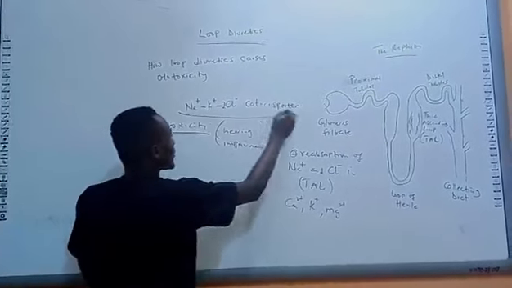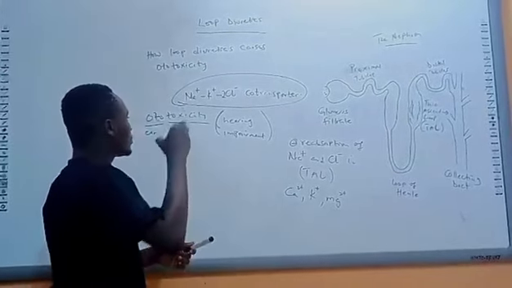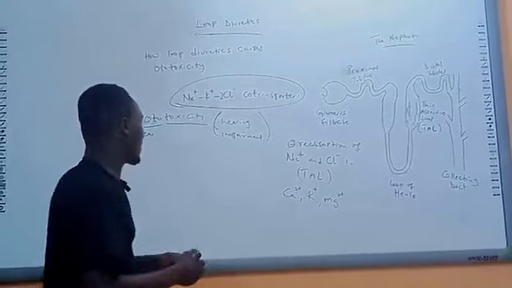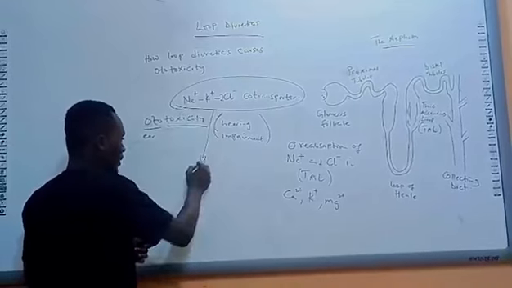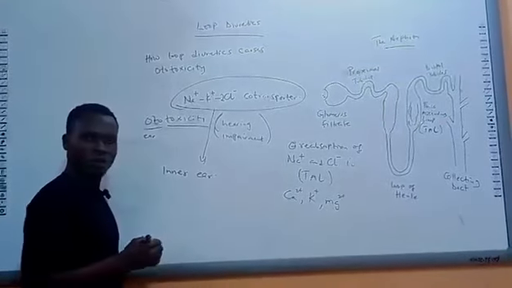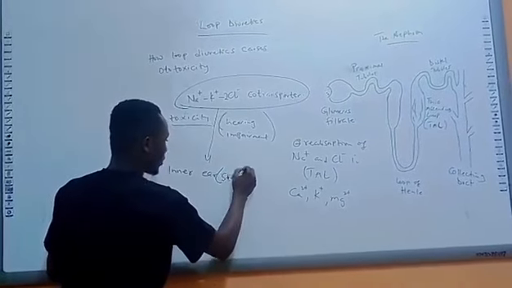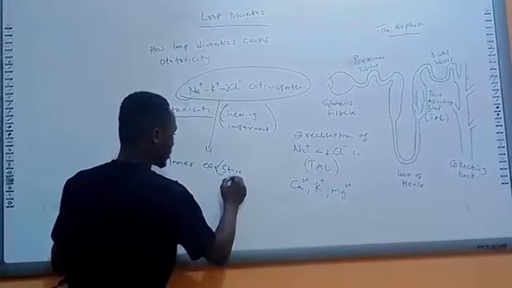The co-transporter that we are talking about, the sodium potassium chlorine co-transporter, is present in the inner ear. Which part of the inner ear? The stria vascularis.